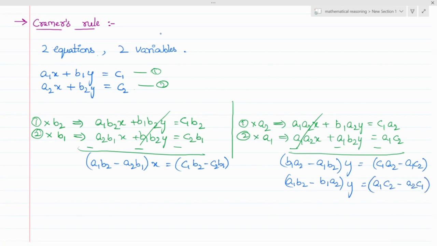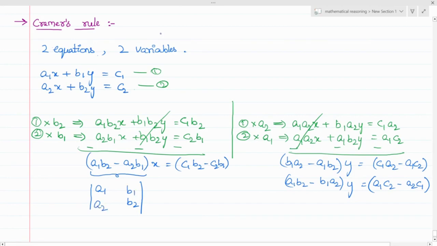Now if you observe, this term can be written in terms of a determinant. How? a1, a2, b1, b2. Or we can also write a2 over here and b1 over here.